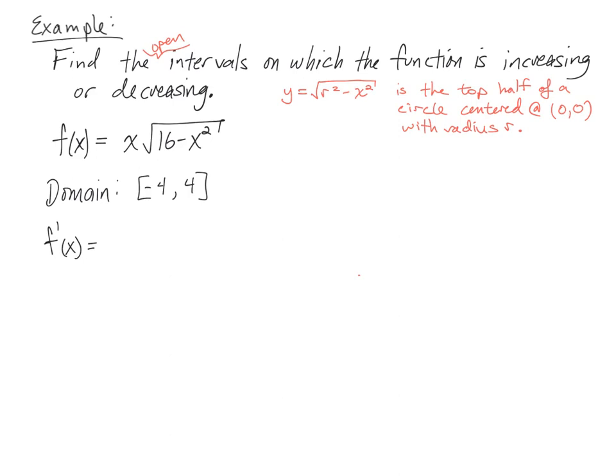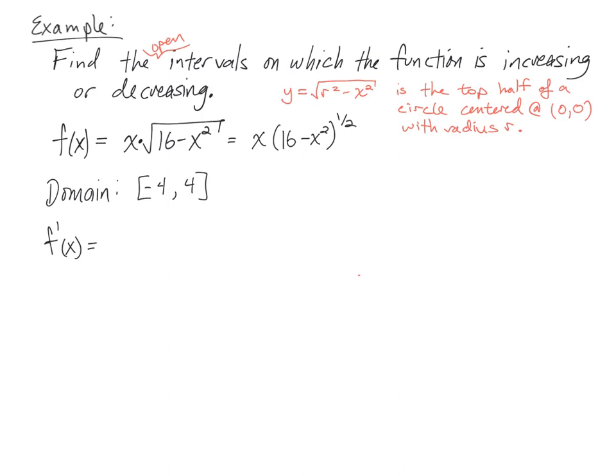The next step here is to find the derivative of this function. And there's a lot going on here. The derivative will require us to use the product rule, but then we can also rewrite this where we take the square root and turn it into a 1/2 power.